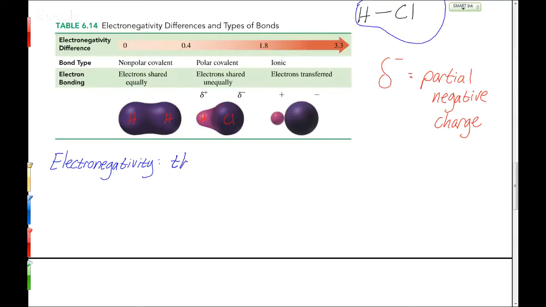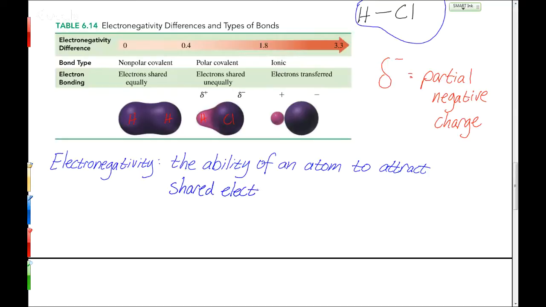Electronegativity is the ability of an atom to attract, let's not just say electrons, let's say to attract shared electrons.